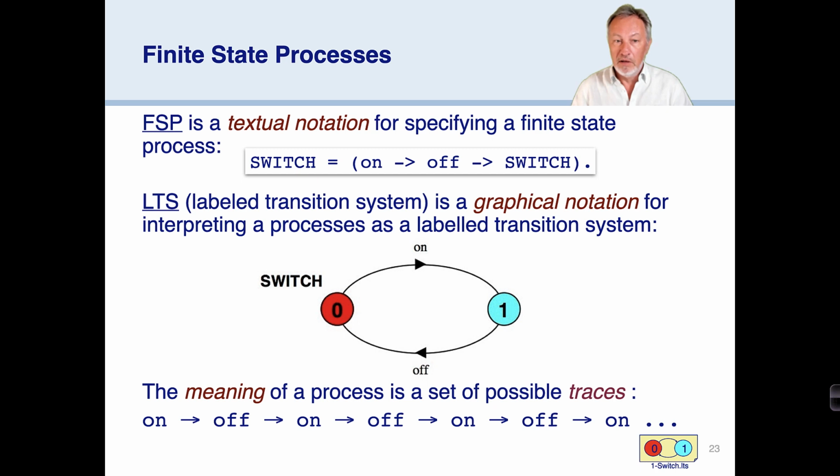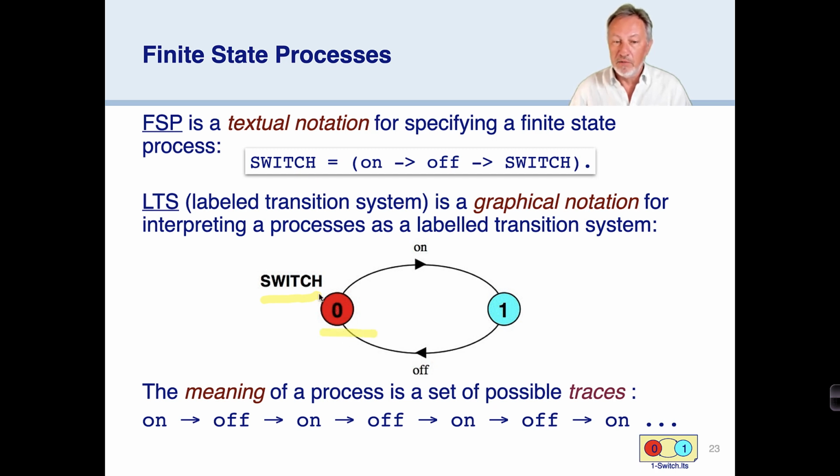LTS is a graphical notation, and it stands for Labelled Transition Systems, which allows us to look at FSP processes, finite state processes, as a labelled transition system. Here we see the process switch displayed as such a finite state process, essentially a kind of state machine with two states.